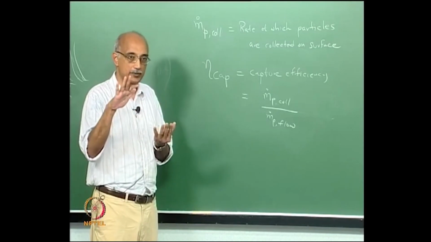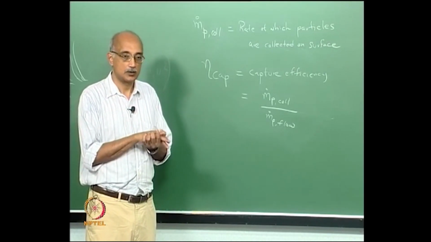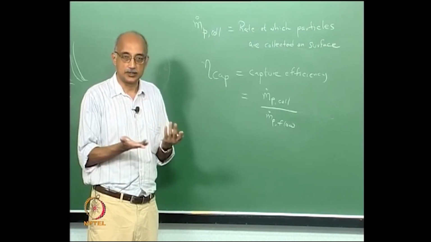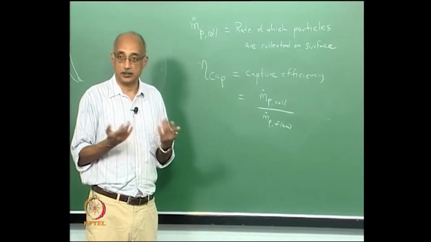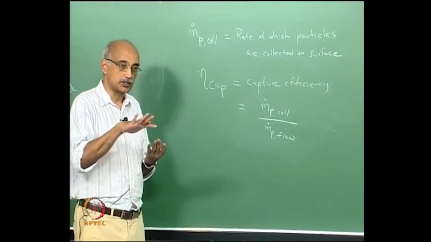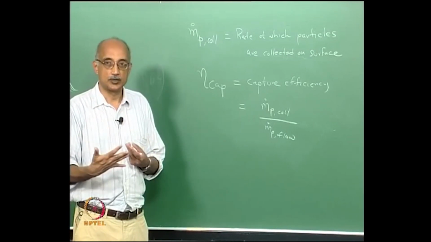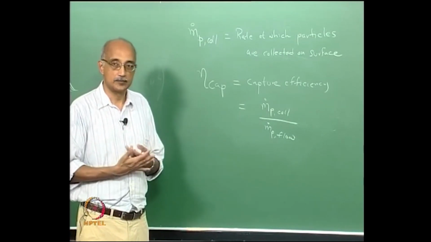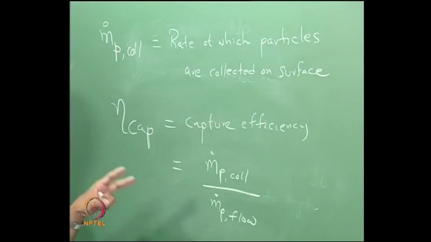Ash particles from combustion gases can deposit on heat exchanger surfaces and cause a deterioration of heat transfer. So in power plants that are burning dirty fuels like coal, particle collection on the heat exchanger surfaces and the associated development of a fouling layer are of great concern. So in those industries, you want to minimize this parameter. You want to keep this capture efficiency as low as possible.